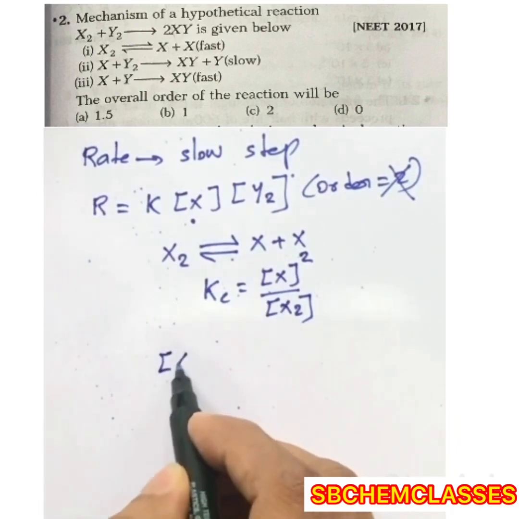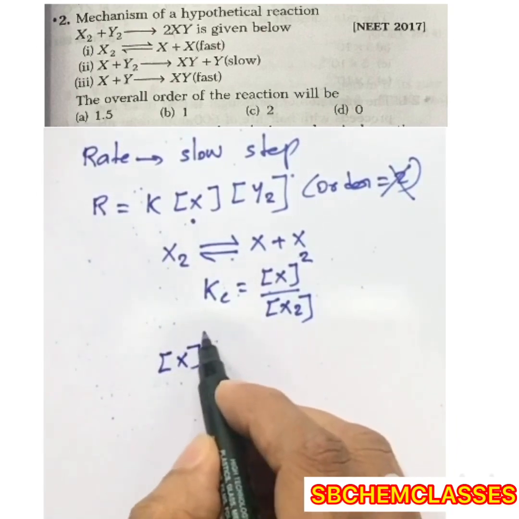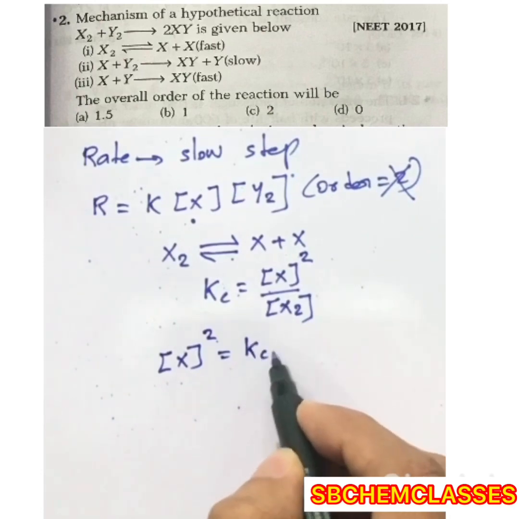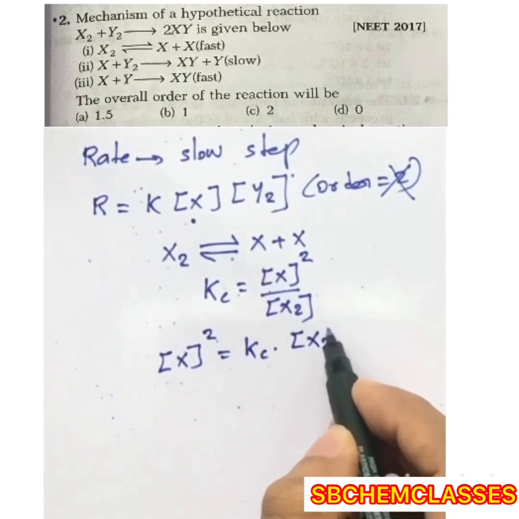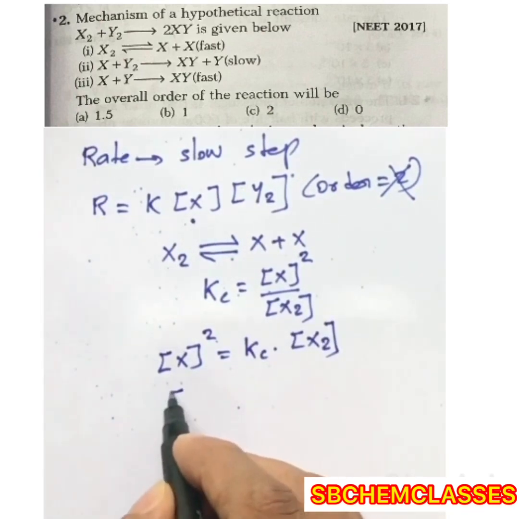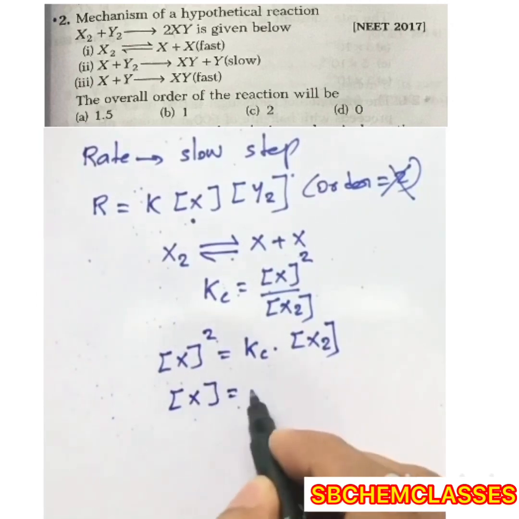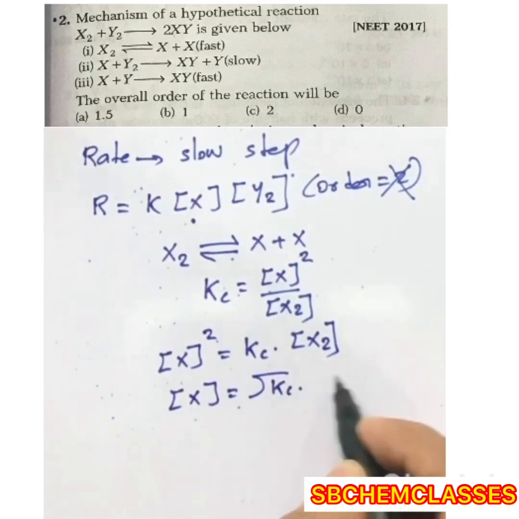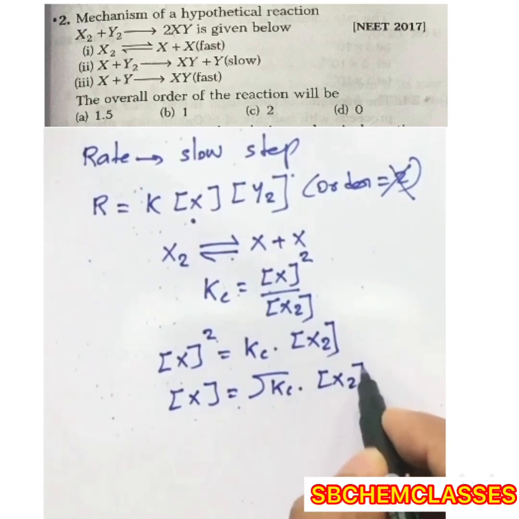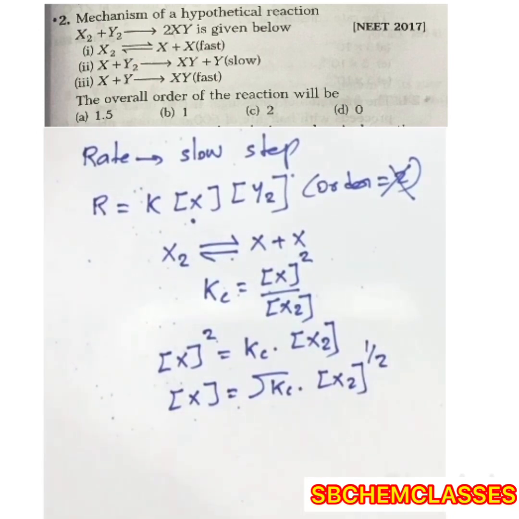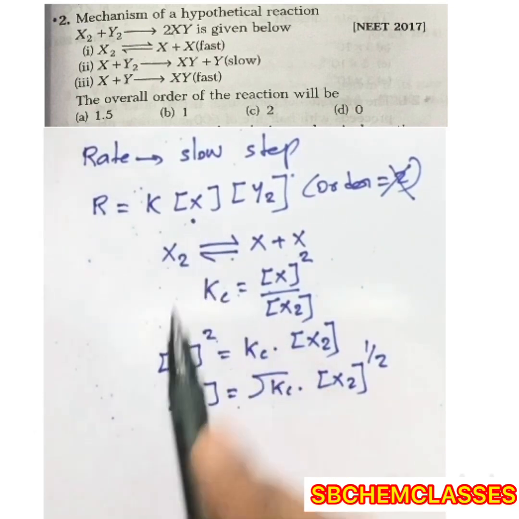So, concentration of X square equals Kc into concentration of X2. So, concentration of X equals root Kc into concentration of X2 raised to half. So, we can substitute this concentration of X here.